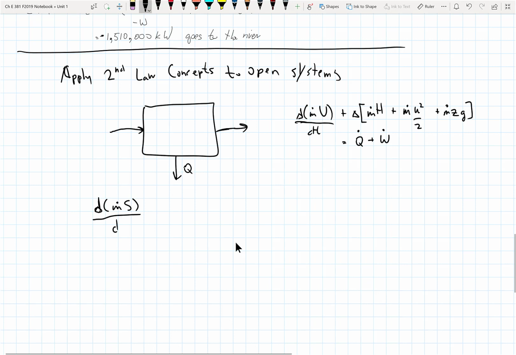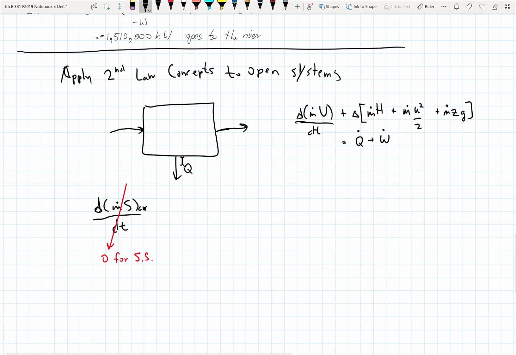So we're going to have the time derivative of the change in entropy for the control volume that defines the process. So that is going to be the boxed region right there. And for steady state processes, we're usually going to be dealing with steady state processes. So often we'll be able to cancel out that term.